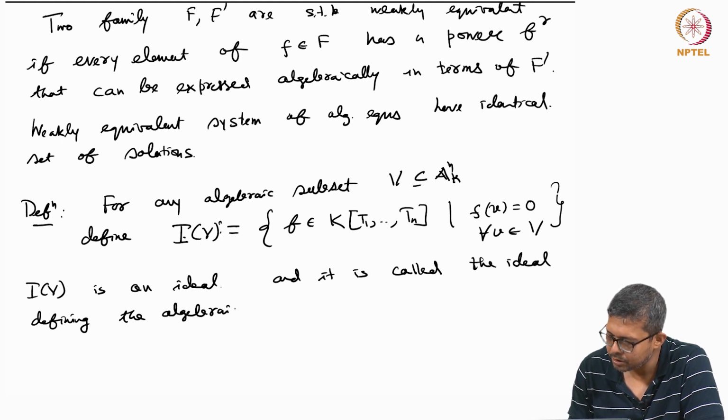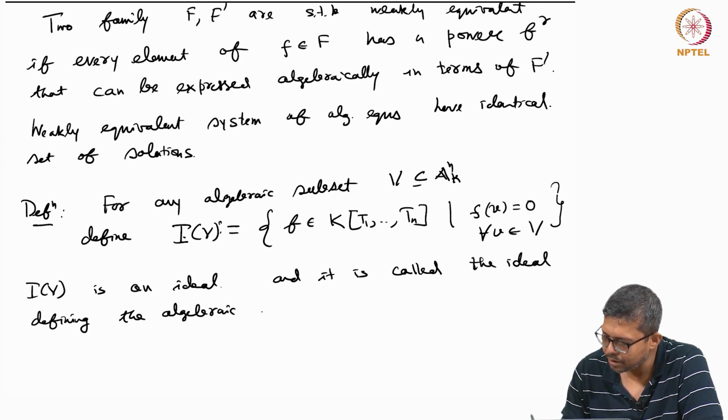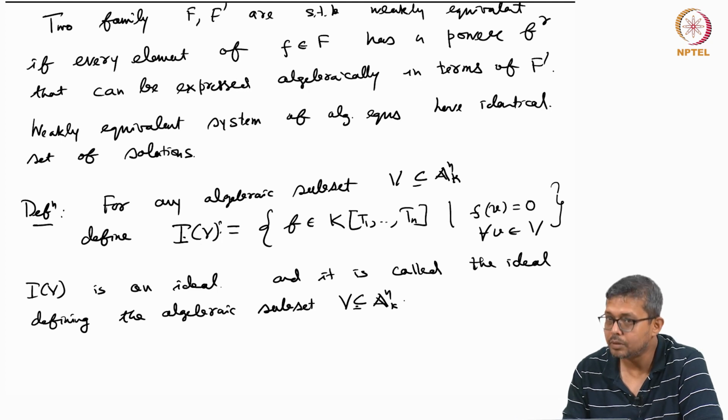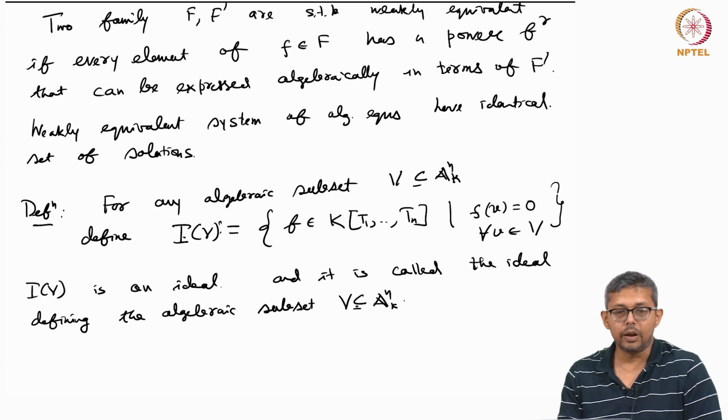I have not said what a variety is so far, so: the ideal defining the algebraic subset. Okay.